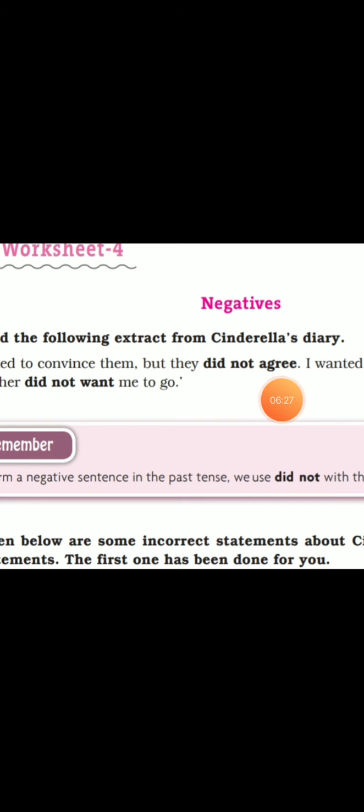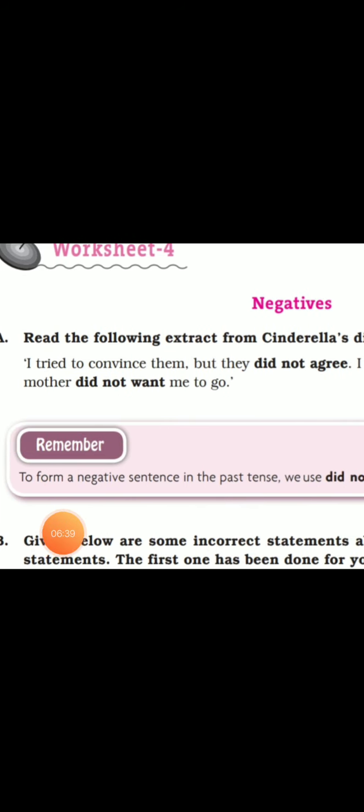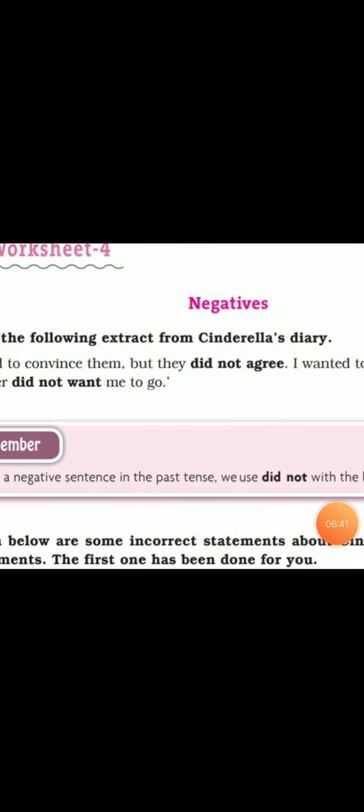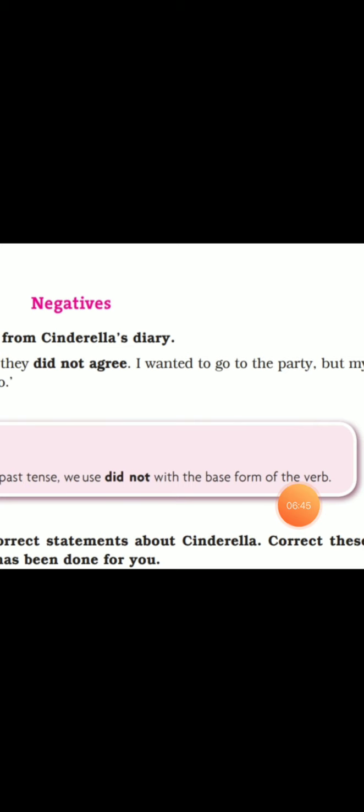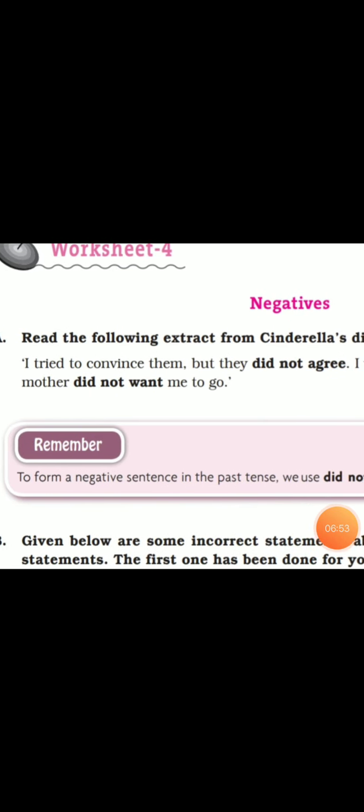Did not want. Want is also the first form of verb. Did is used here, so the first form of verb is used here. To form a negative sentence in the past tense, we use did not with the base form of verb, means with the first form of verb.